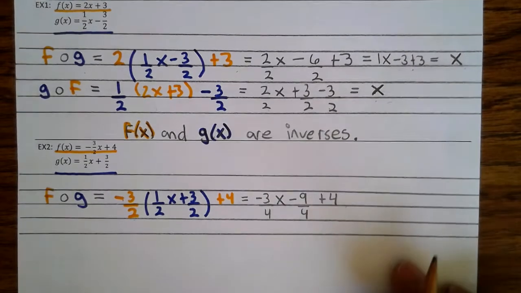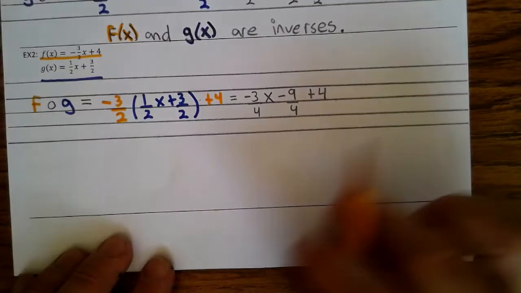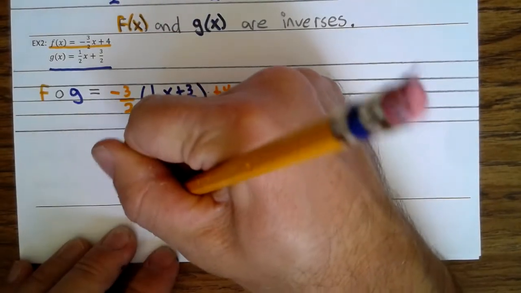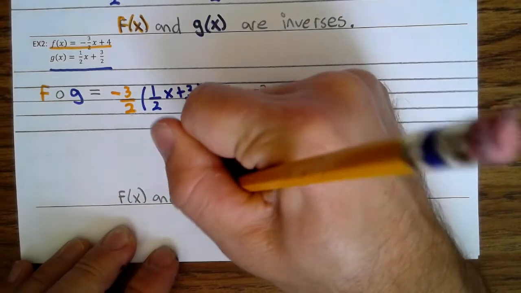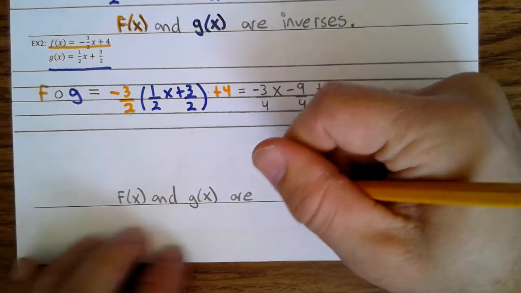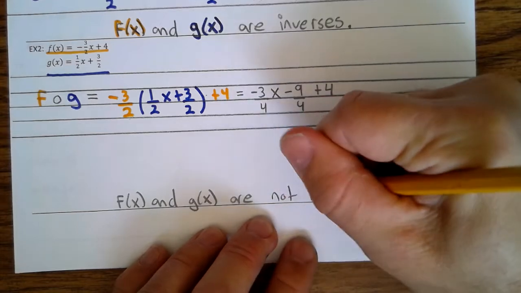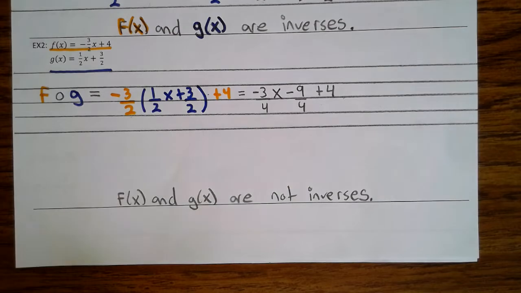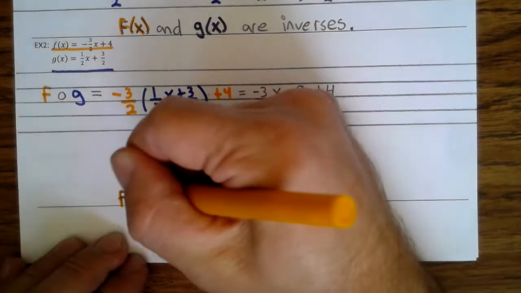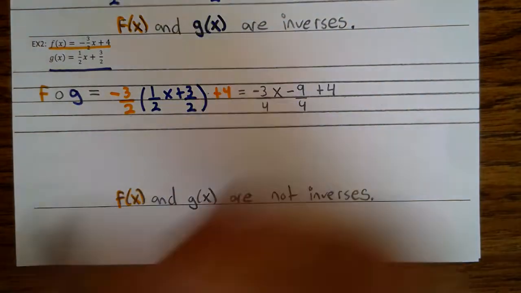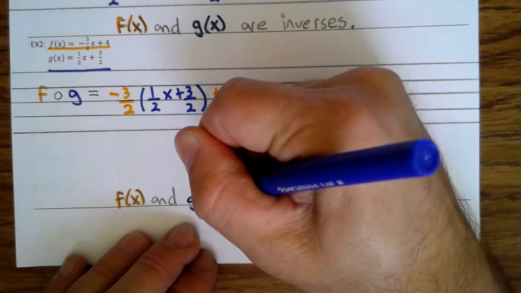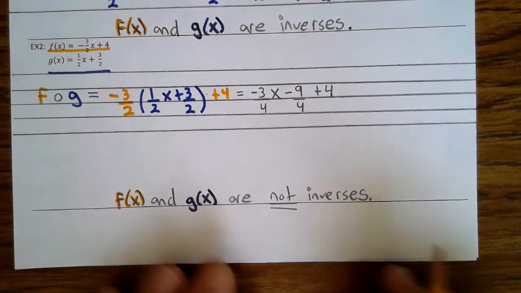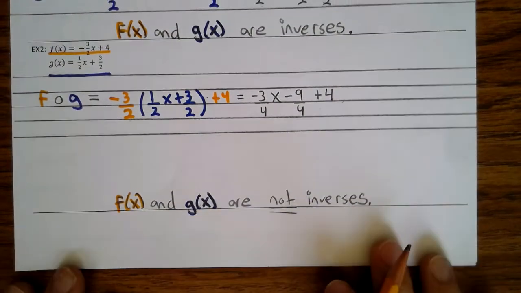So at this point, we can say that f of x and g of x are not inverses. Keyword not.